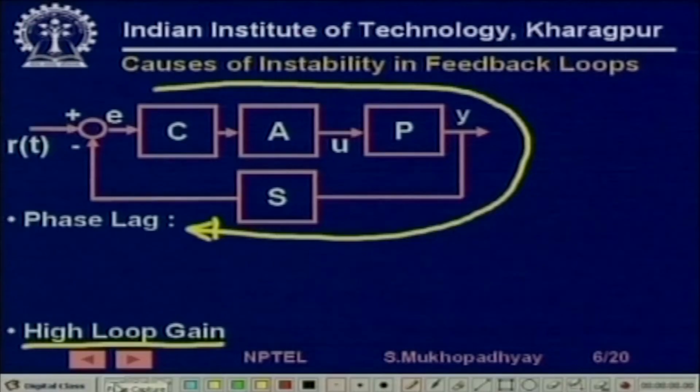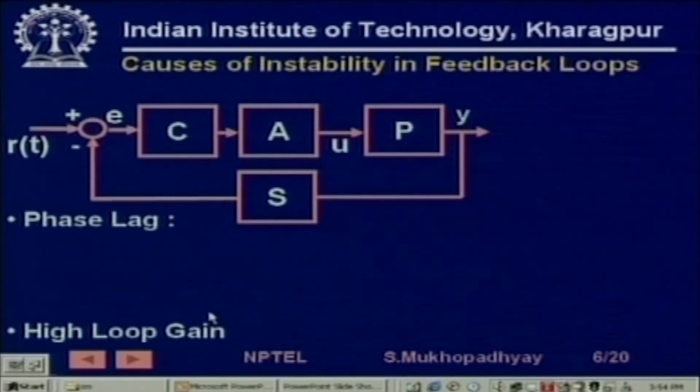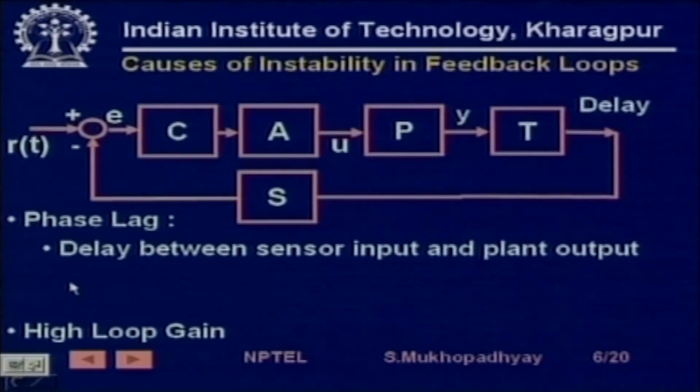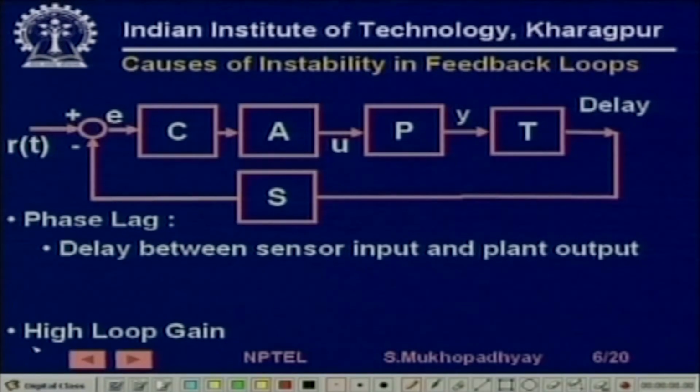So, now what are the causes, I mean how can phase lag increase? So, phase lag can increase in many ways. For example, if a delay exists between the sensor input and the plant output. For example, previously we were taking the output from here, but for some reason if you take an output such that there is a time delay between this signal, which is the output you want to control, and this signal, which is the signal you are feeding back.